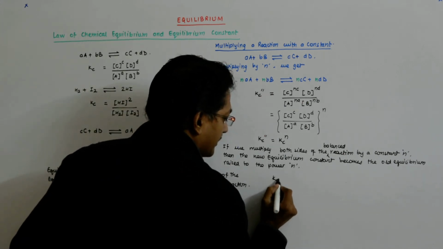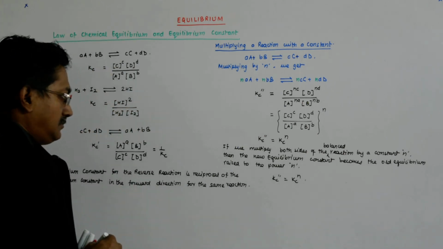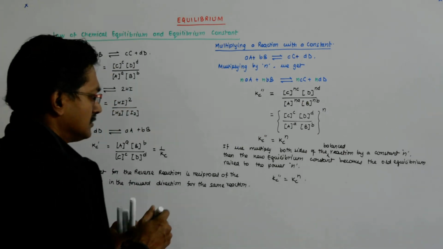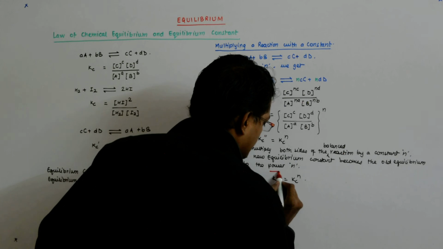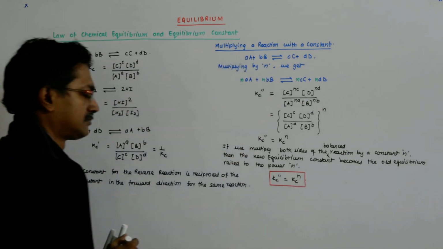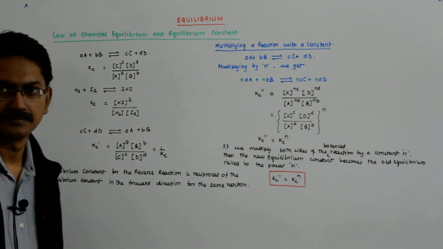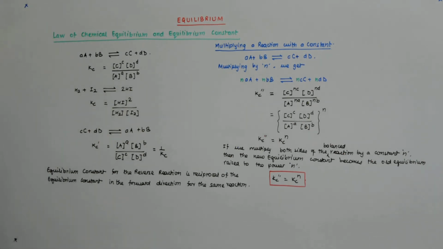That is, Kc double dash is equal to Kc to the power n. Do we understand?